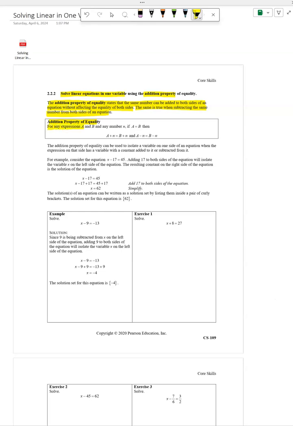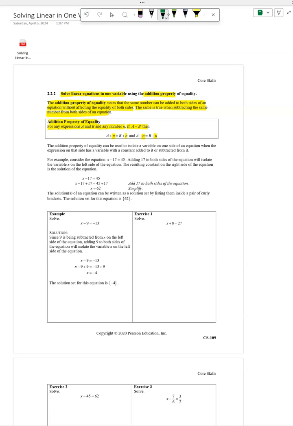For any expression a and b and any number n, if a equals b, then you could add n to both sides without changing it, or you could subtract it. So if we had, let's do this one.